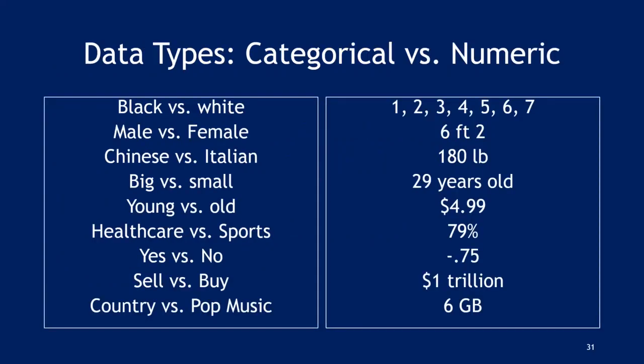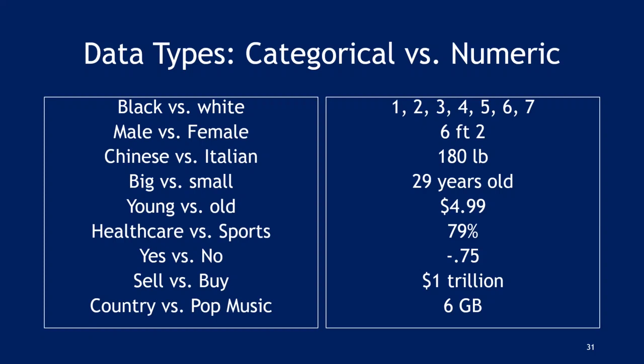On the left-hand side, you see examples of categorical variables, and on the right-hand side, you will see numbers. For example, if we are talking about color, we may be talking about black versus white. When we talk about gender, we talk about male versus female. When we talk about nationality, we talk about Chinese versus Italian. These are all what we call categorical variables.